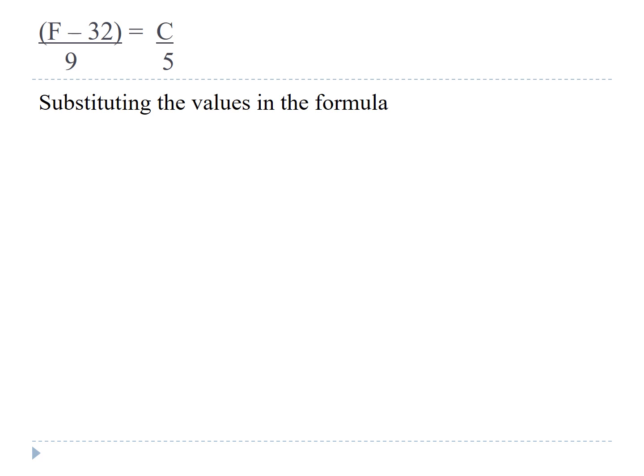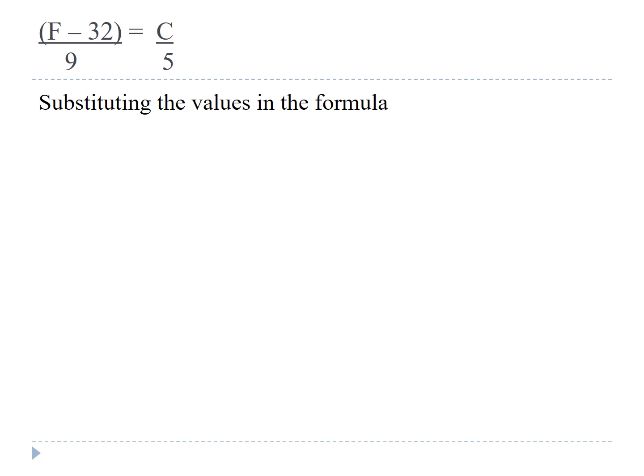Now there is no value given as such. Instead of F, we will write 2C, because they have told Fahrenheit is twice the value of Celsius. So wherever F is written, instead of writing F, you will write 2C.